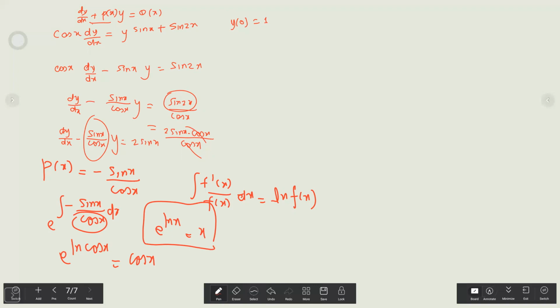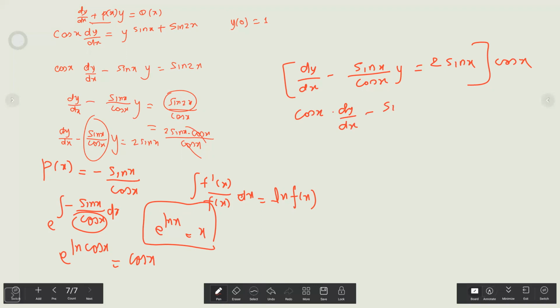Now I'm going to show one step to show the multiplication. So dy by dx minus sin x over cos x times y equals 2 sin x. Now you multiply both sides by cos x, which is the integrating factor. And if we have taken the considerations I told you previously, you can just write down cos x dy by dx minus sin x times y equals 2 sin x cos x.